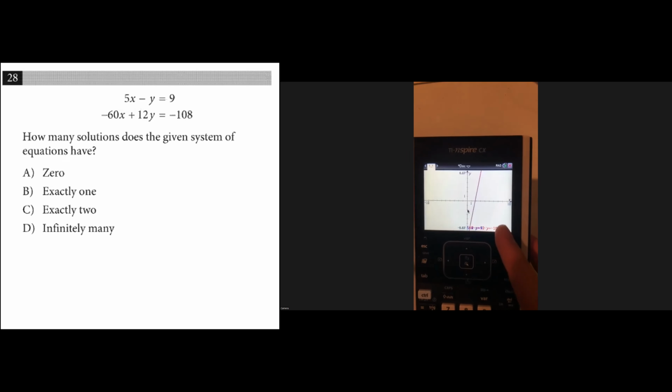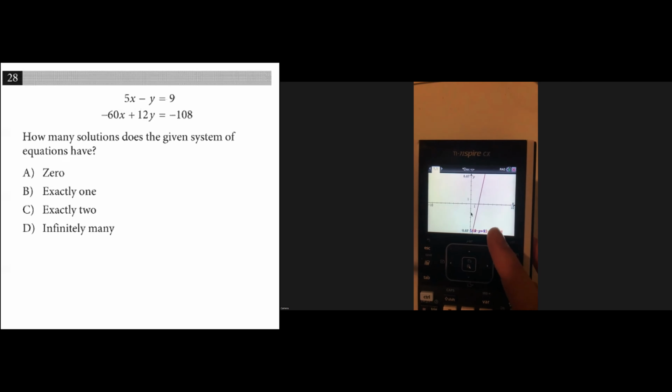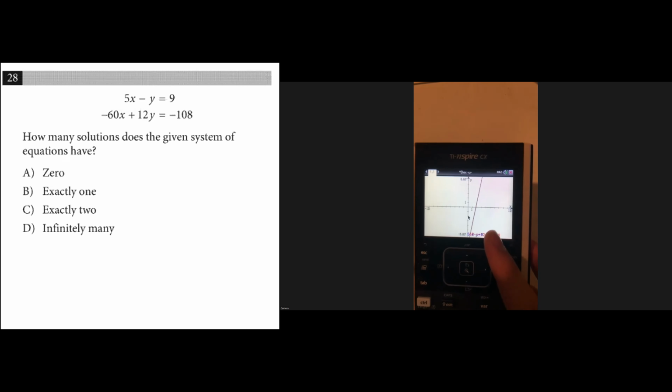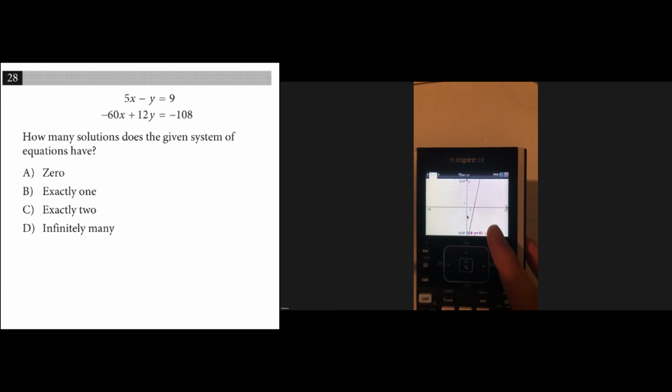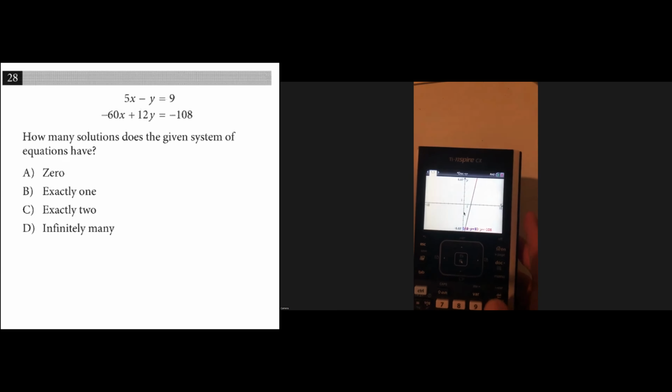And as you can see, it created another line right on top of that original line, which means that it has infinitely many solutions, or answer choice D. You could also solve this by hand by finding the common ratio between the two, but that's a lot more work than just plugging it into your calculator.